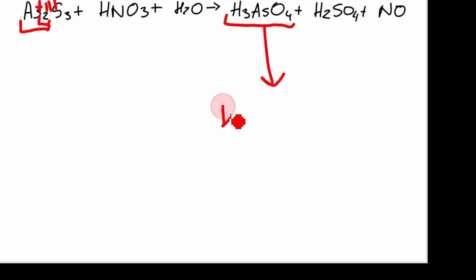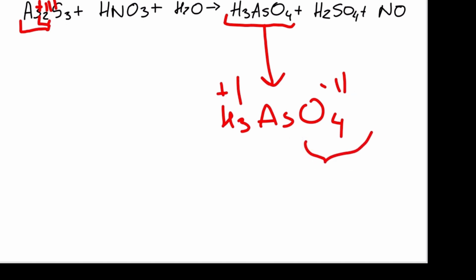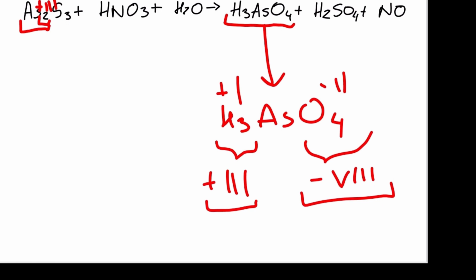As we know, the oxidation state of hydrogen is plus 1, oxygen minus 2, 4 oxygen atoms give us minus 8, 3 hydrogen atoms give us plus 3, plus 3 minus 8 gives us minus 5, so the arsenic atom should have an oxidation state equal to plus 5.